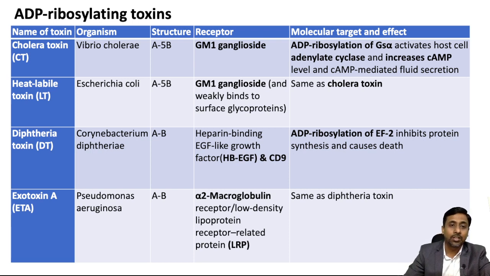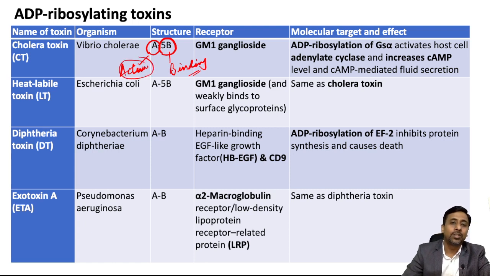And the structure of this cholera toxin is composed of 1 A subunit and 5 B subunits. A and B, I'll tell you what that means. The A is basically the active subunit and responsible for the activity of the toxin, and the B subunit is the binding subunit, which is not only responsible for the binding of the toxin to the cell, but it also facilitates the entry of the active subunit inside the host cell.